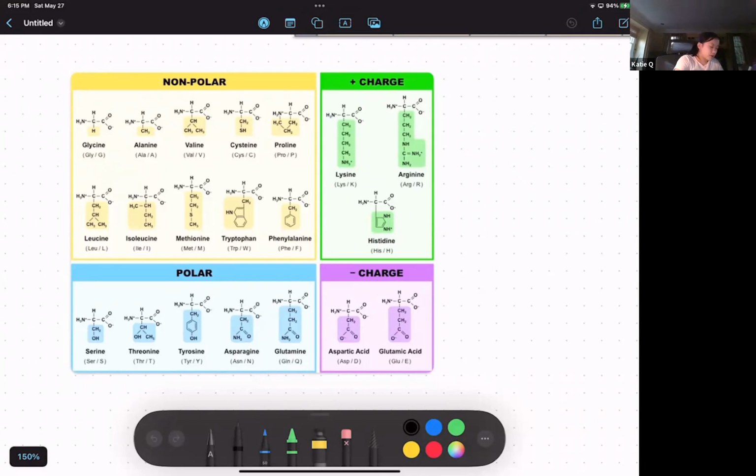So in eukaryotes, transcription will happen in the nucleus, and in prokaryotes, it will happen directly in the cytoplasm. And so DNA directs RNA synthesis, and then it uses RNA to control protein synthesis, and this process is called gene expression.